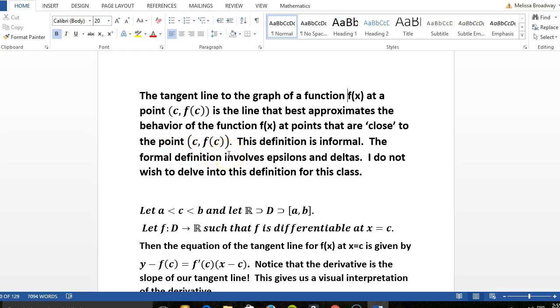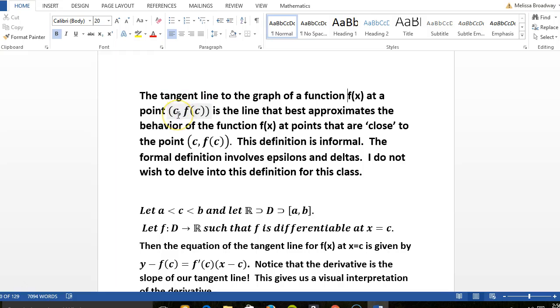It's the line of best approximation, so to speak. This definition is informal. The real one involves epsilons and deltas, and I don't want to go there. I don't want to delve into analysis or advanced calc.